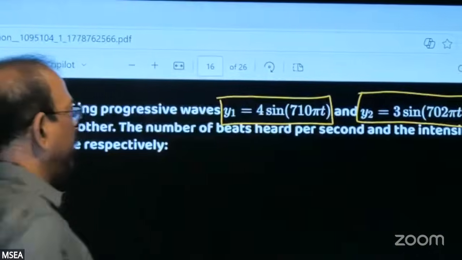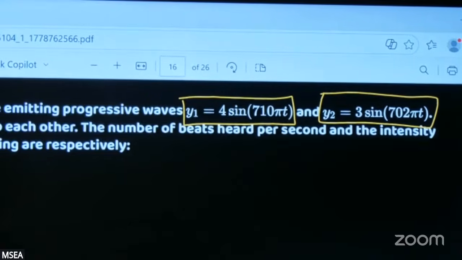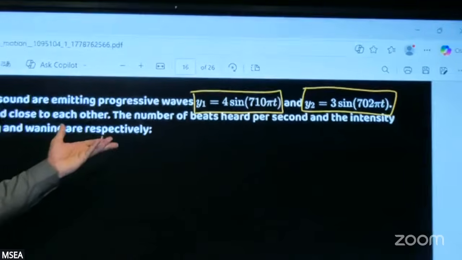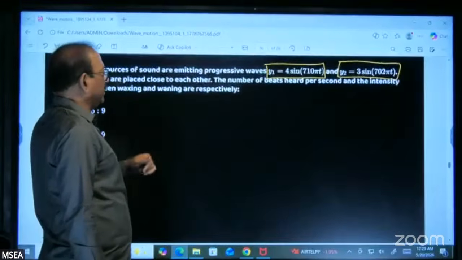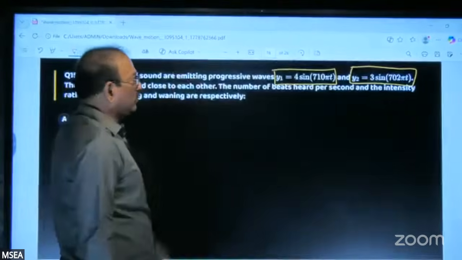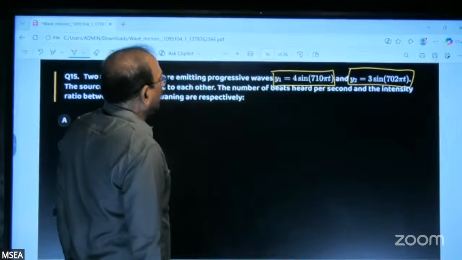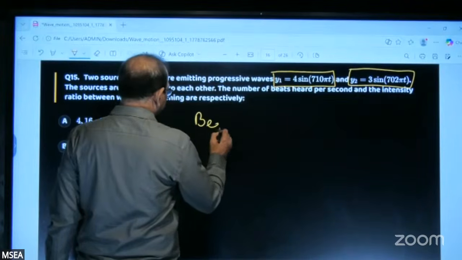These two undergo interference and produce beats. How many beats? Number of beats per second, and the intensity ratio between waxing and waning, means maximum and minimum intensity ratio. We have to find the beat frequency.